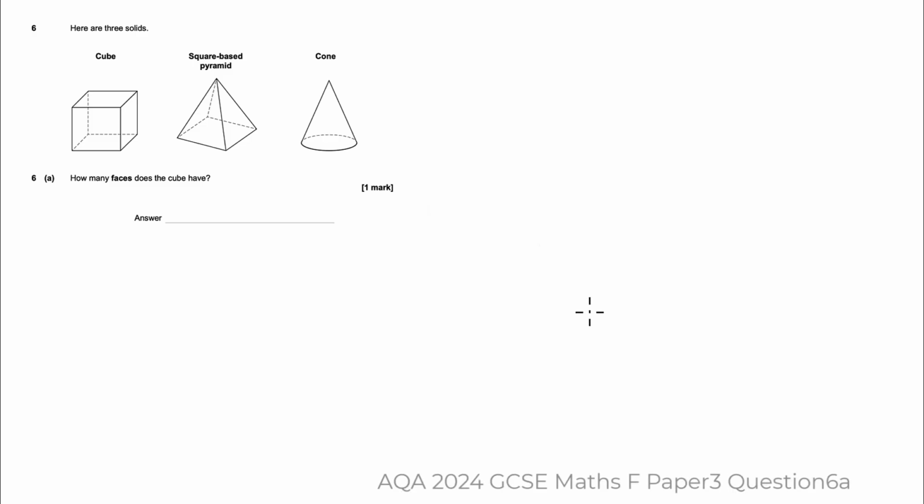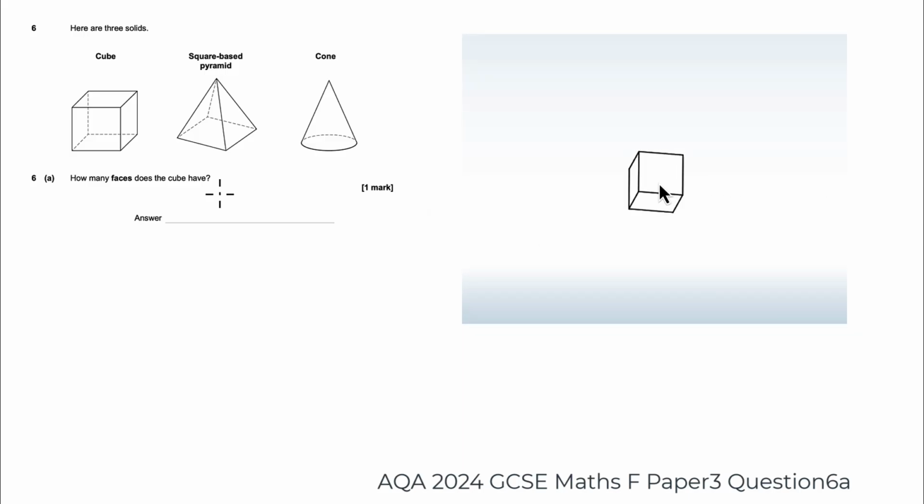Well, here's question 6, and we're given pictures of 3 solids. First one's a cube, and in part A we're asked how many faces does the cube have. Well, let's look at a little animation.